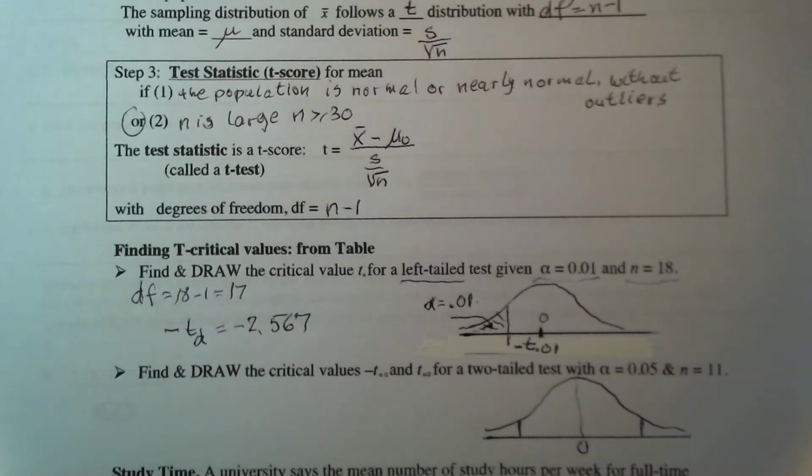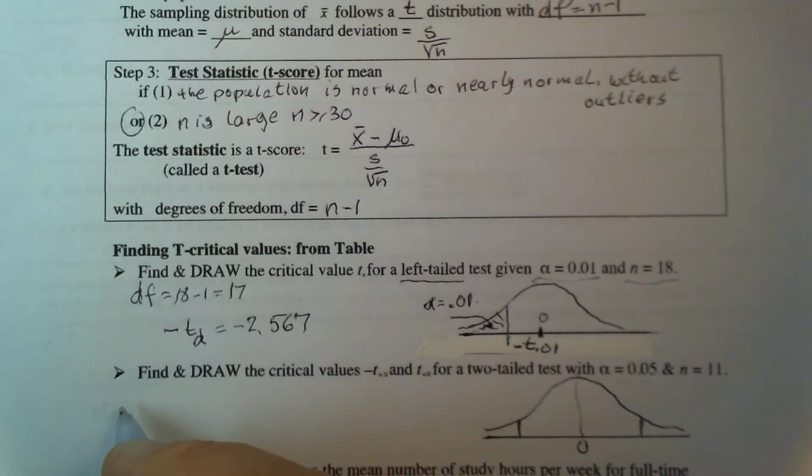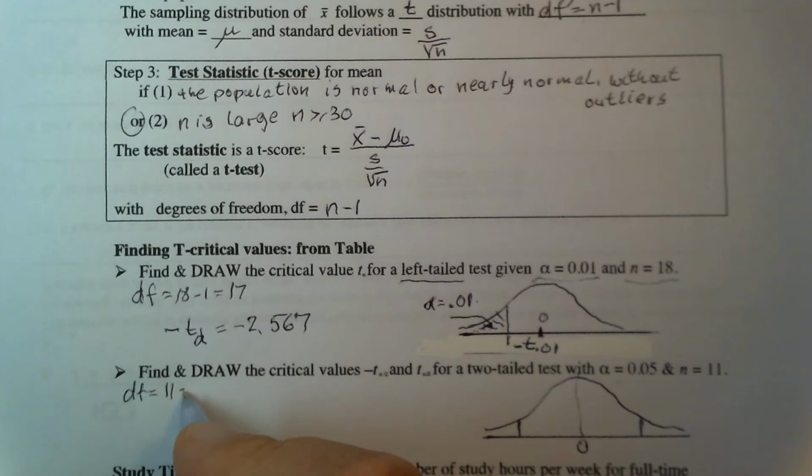For the next example, we are finding the critical values minus t sub alpha divided by 2 and t sub alpha divided by 2 for a two-tailed test, with alpha being 0.05 and n equals 11. So we know that degrees of freedom is 11 minus 1, or equal to 10.